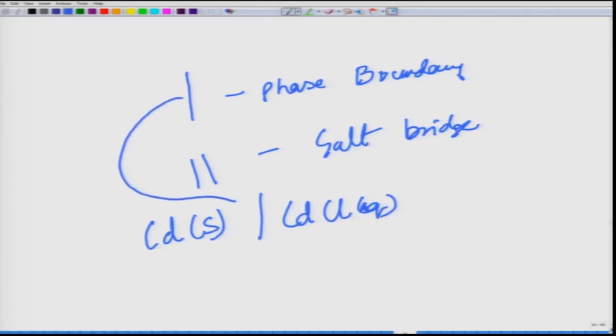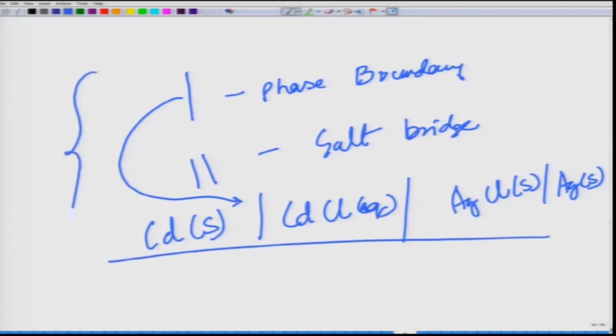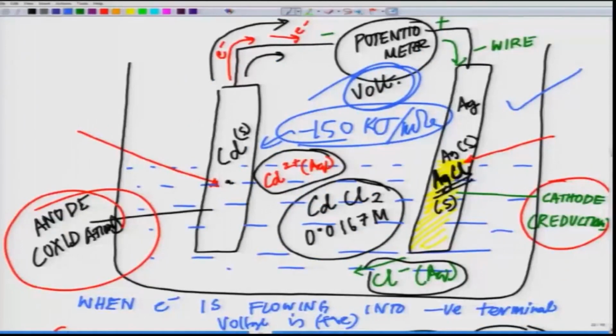This is the phase boundary between cadmium and cadmium chloride, and this is the electrode we talked about earlier, where you do not have any separation. You have AgCl solid, Ag solid. So, this is where with a single electrolyte we could achieve it.